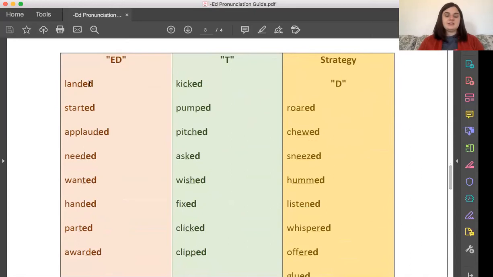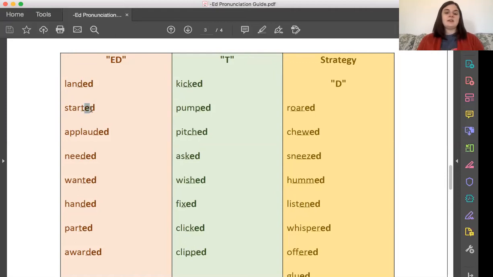Okay, landed. Can you guys say landed? Landed. So do you see how land ends in a D? That's why we have the ed sound. Next one, started. Do you notice how start has the T ending?